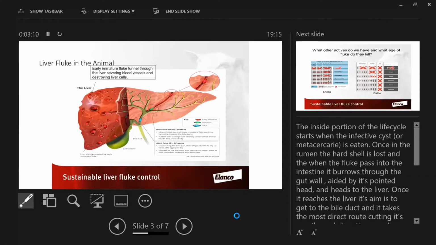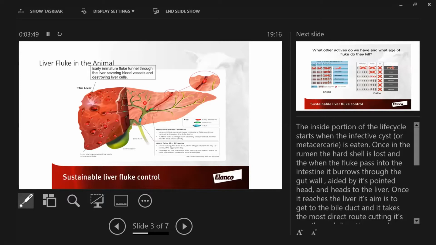Once it's gone through to the liver, it starts burrowing through, and here we can see a small, what we call an early immature fluke, just starting to burrow through and head off. Its ultimate goal is to get through to the bile duct, where it matures into an adult and starts laying eggs. So really, we're generally seeing from day 0 through to about 5 weeks, where the liver fluke is burrowing through the liver, getting further and further and growing, and decimating that liver as it does.